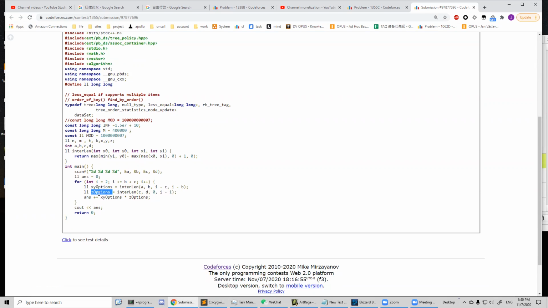And this is where we calculate the number of possibilities for Z. And also we are going to use the intersection function. And then we are going to multiply them together and add it into the final answer. And we are going to iterate through all of those x plus y and output the final answer.